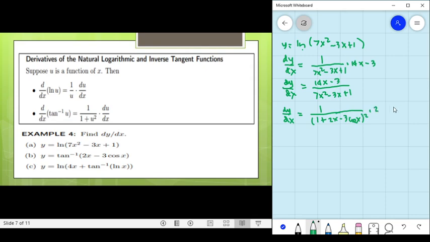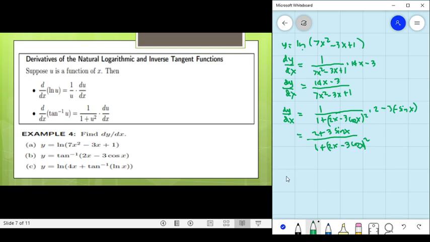We have 2 minus 3 and negative sine x. And we can simplify, so the numerator would be 2 plus 3 sine x over the denominator of the quantity 1 plus 2x minus 3 cosine x squared.